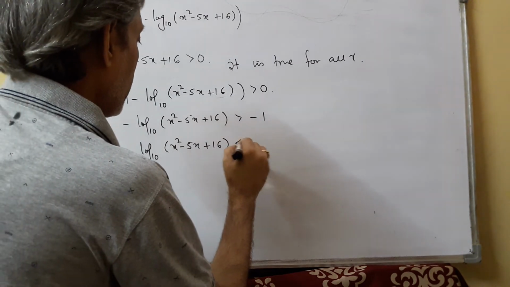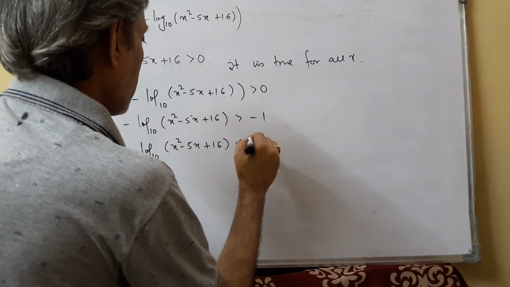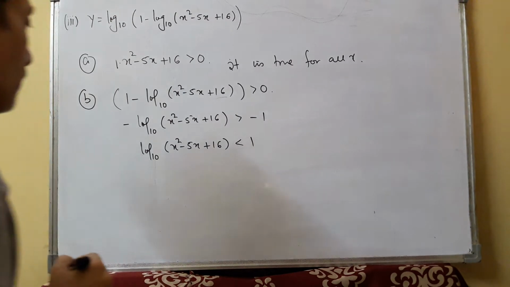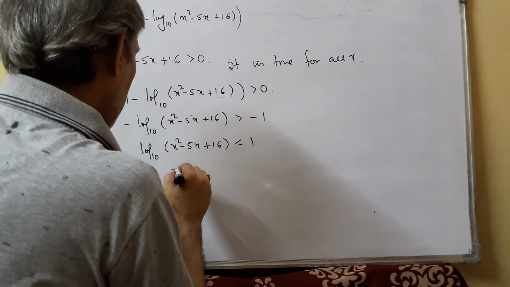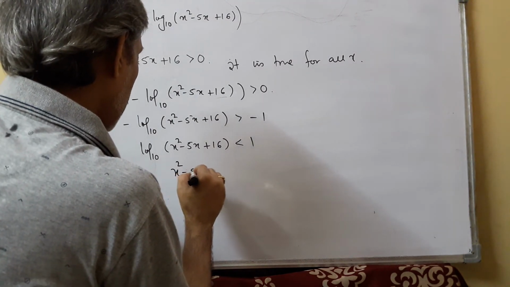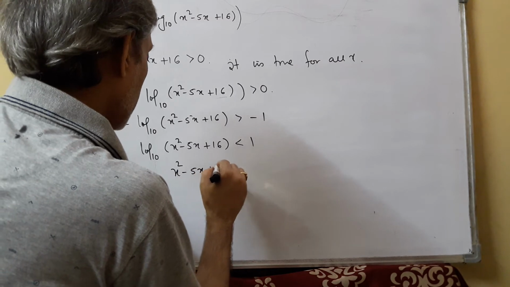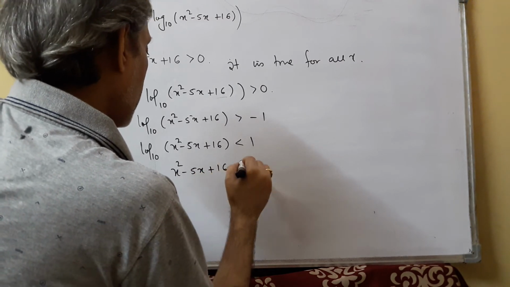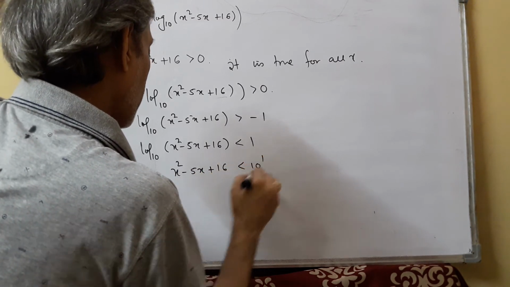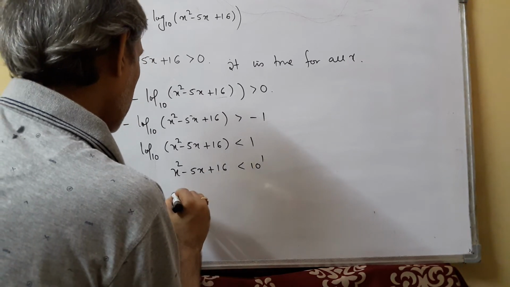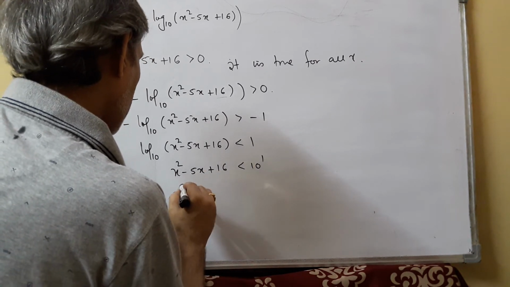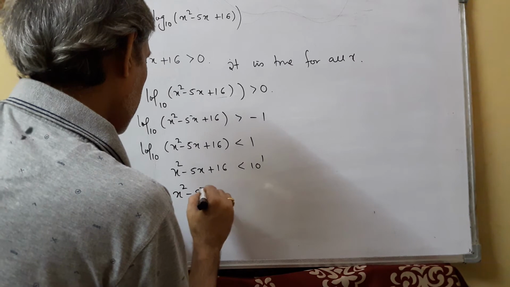So this will be less than 1. Now as we did earlier in the previous questions, this will be less than 10 raised to the power 1. Now bring it to the left hand side.